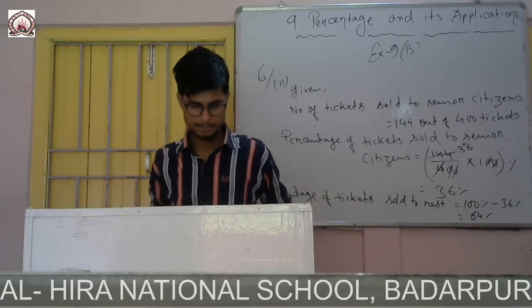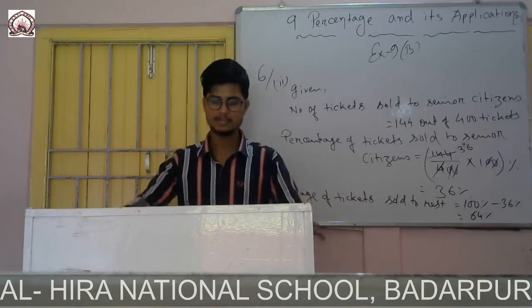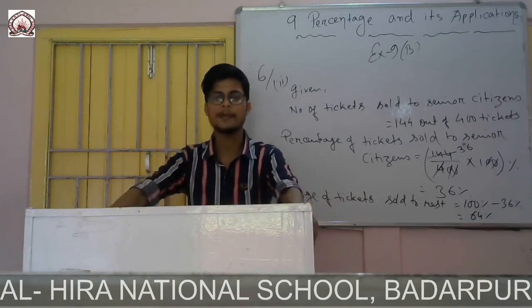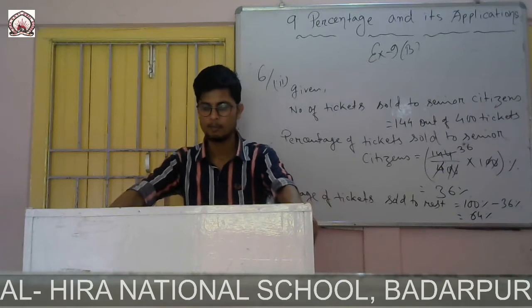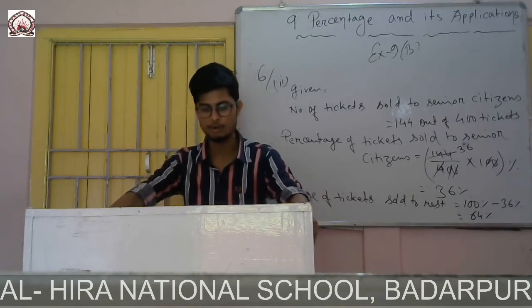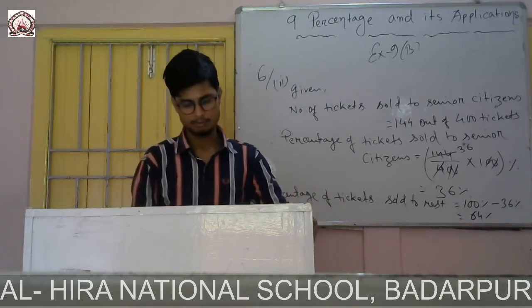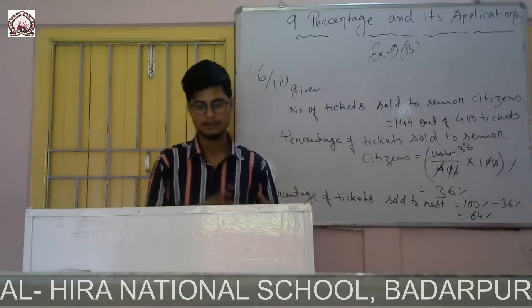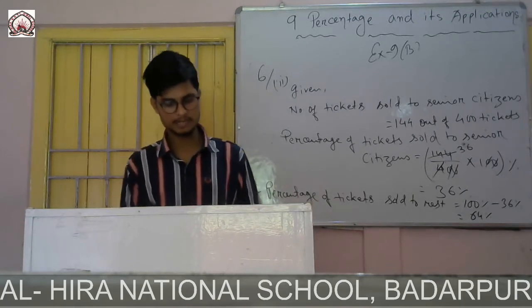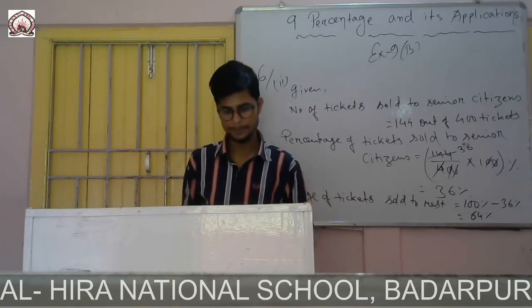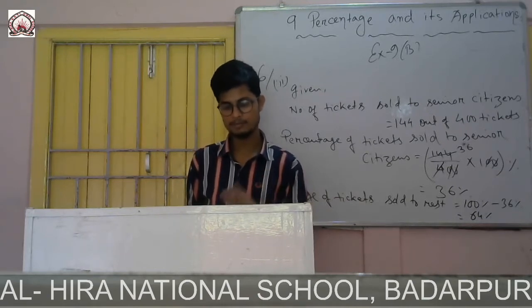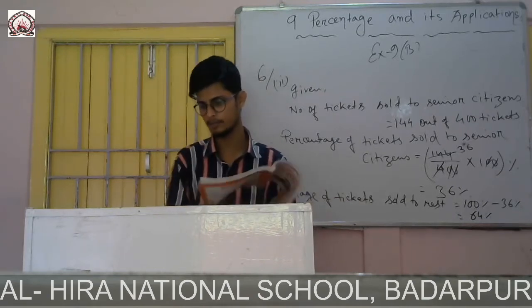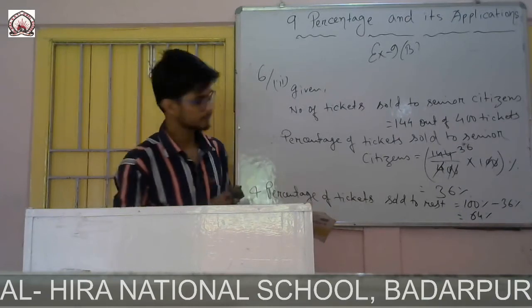Question number 8. A certain alloy consists of 3 parts of tin to 5 parts of copper. What is the percentage composition of the alloy? To solve this one, you have to take the ratio, so we will take it as 3:5.